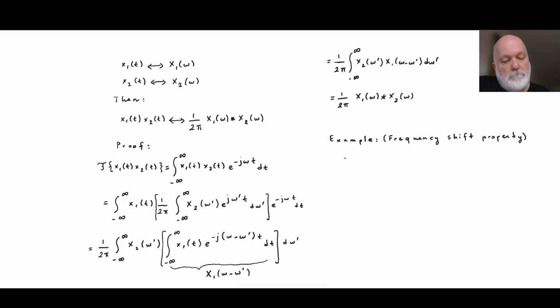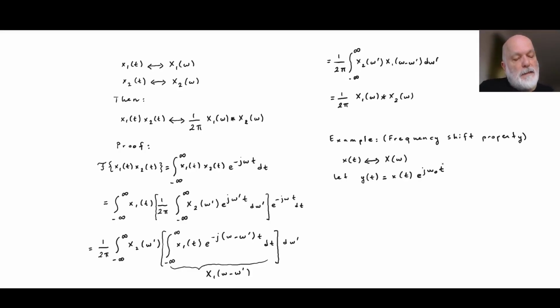We have supposed that we have the Fourier transform pair, a certain signal and its Fourier transform, x of t and x of omega. So let y of t be x of t multiplied by e to j omega 0 t.